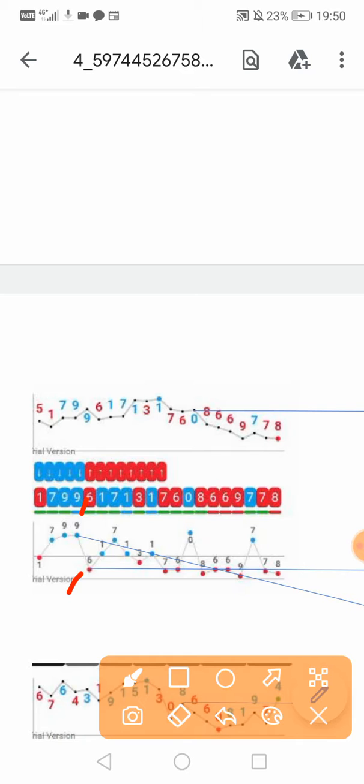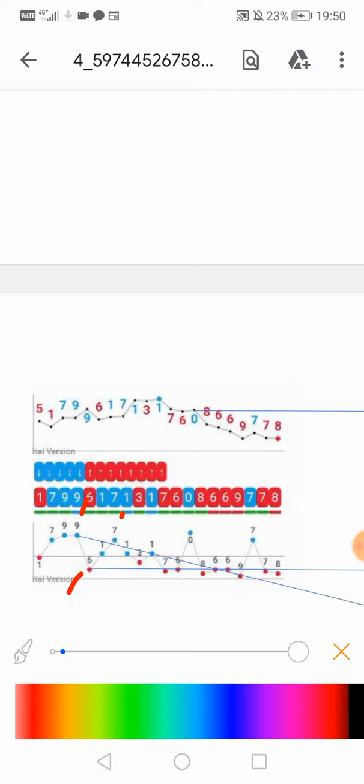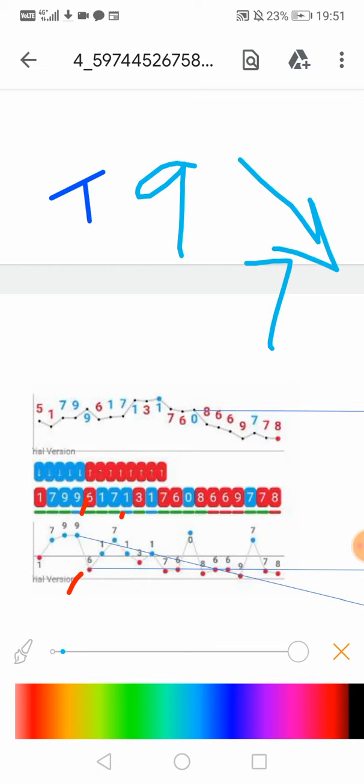Then there's 7, 1 to 7, right? Then you notice that the blue numbers are dropping from 9 to 7, right? This is indicating that there's a drop, meaning we are going to the red numbers, right?